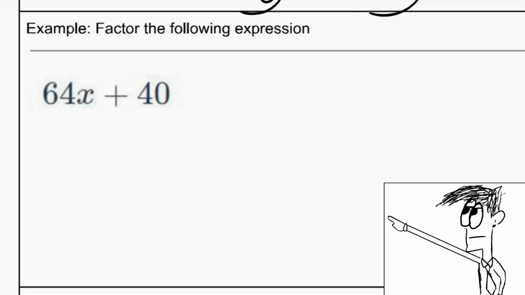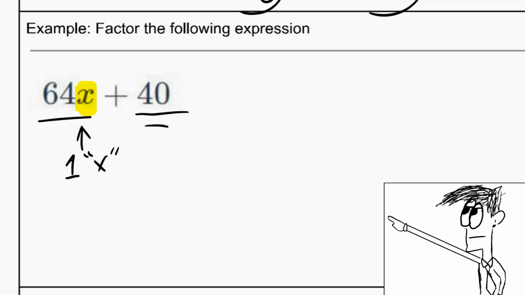And now we have something like this, where we have an expression with an x in it. And we have to find out what's the common factor between these two terms that we can divide out of the entire expression. Notice that I only have one x, which means that x is not part of my common factor. I can't divide that out because I don't have any x's over on the right side.